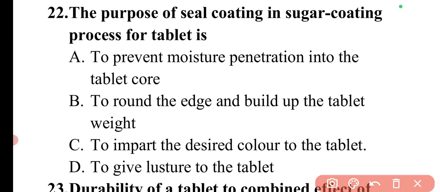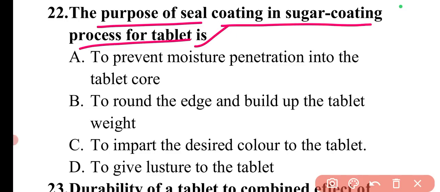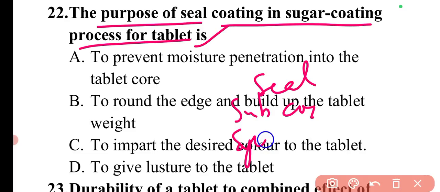Next question is, the purpose of seal coating in the sugar coating process for tablets is. In the sugar coating process there are several steps: seal coating, subcoating, syrup coating or smoothing, and polishing.